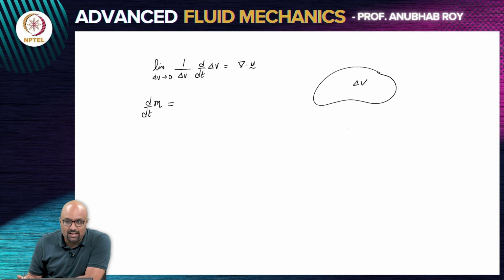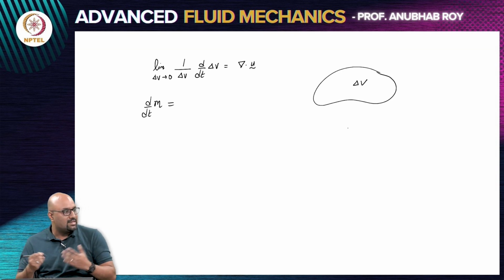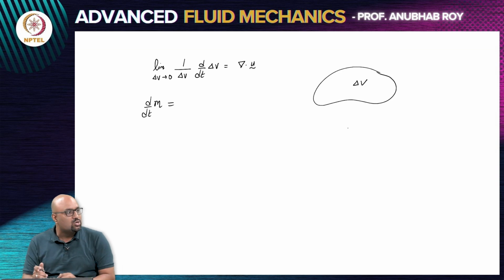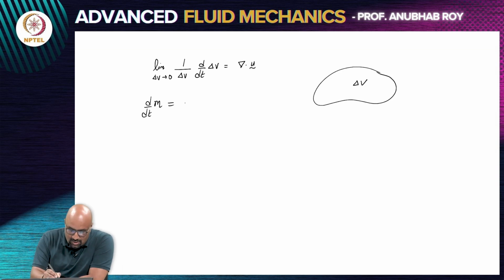Whatever is the mass that is contained inside this particular volume, that mass will not change with time if there are no sources or sinks of mass inside that region. So it is a material volume, nothing is exiting, nothing is leaving. So the boundary is evolving due to the flow, which means that whatever is enclosed continues to remain enclosed in that region. So this should be 0.